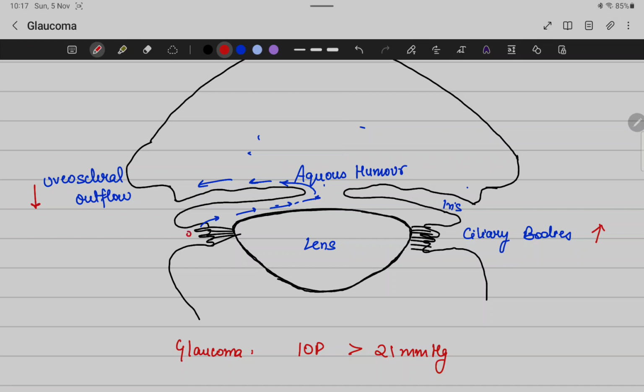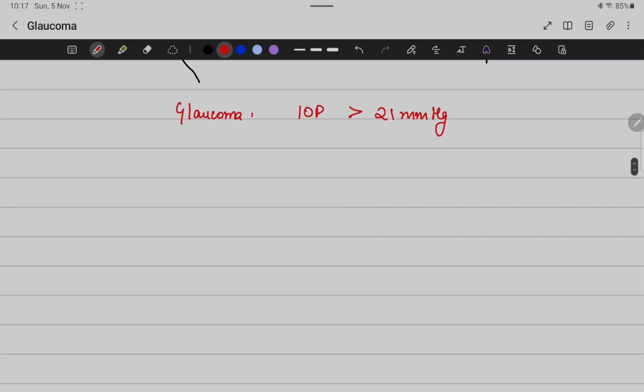So here at your ciliary bodies, you have these tiny blood vessels. Then you have a lining epithelium of the ciliary body. We'll talk about these a bit.